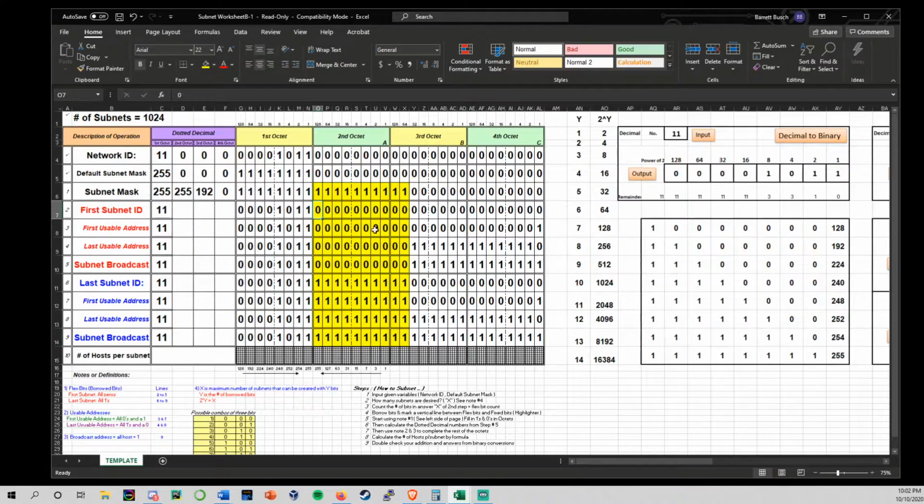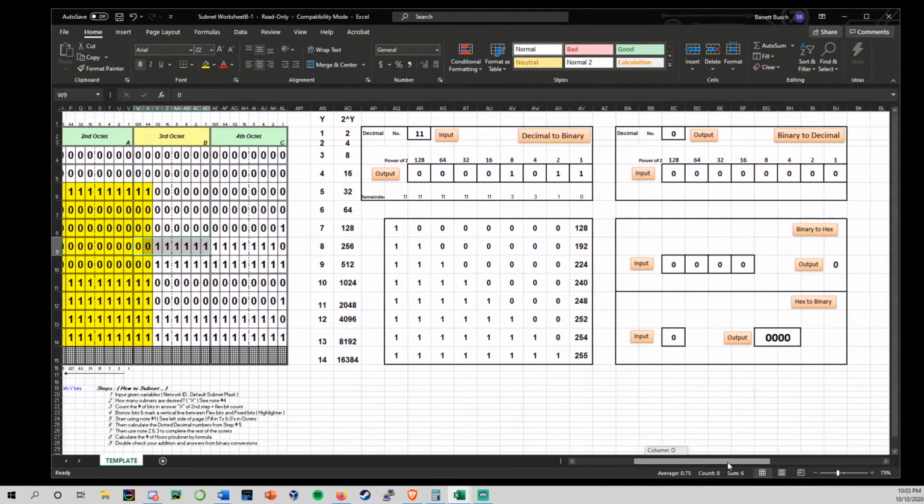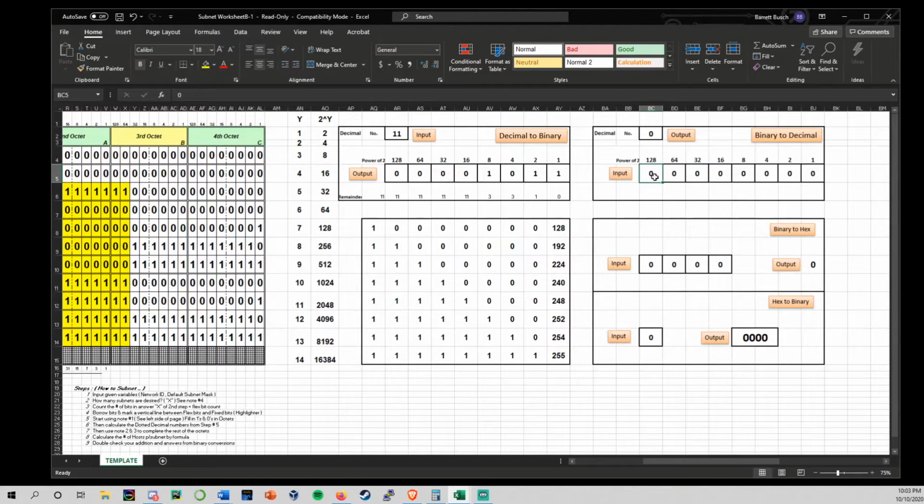Okay, so let's get the second octet. These are all going to be 0. And then the second octet down here, we can see these are all turned on. Now the third octet, these are all 0. These ones here, we're missing a couple in the beginning. Now you could also use a binary to decimal over here.